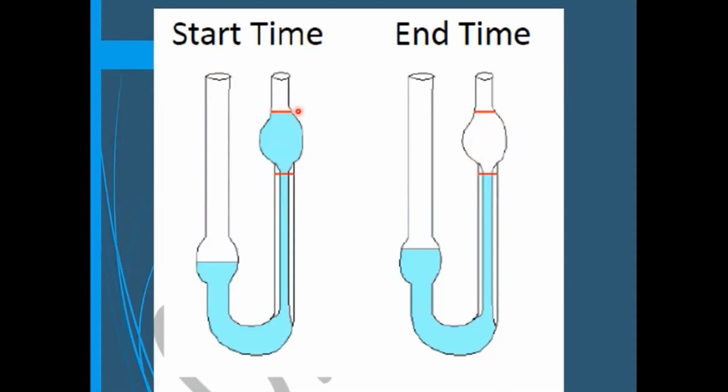So the time, measured using a timer clock, from point A to point B is called the flow time of solvent, that means t naught.